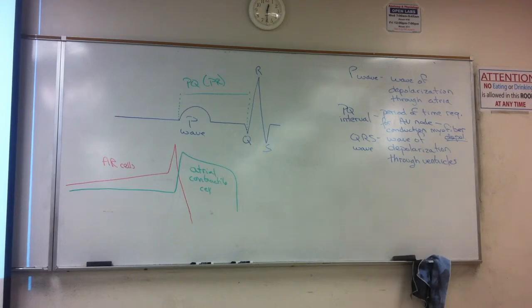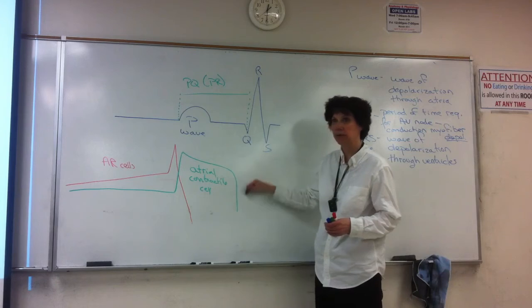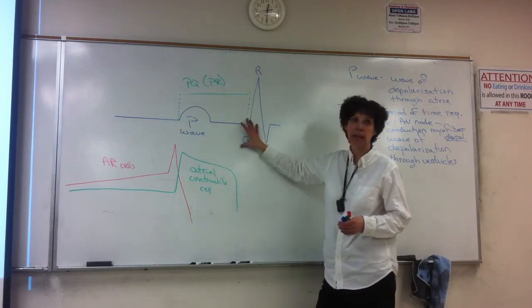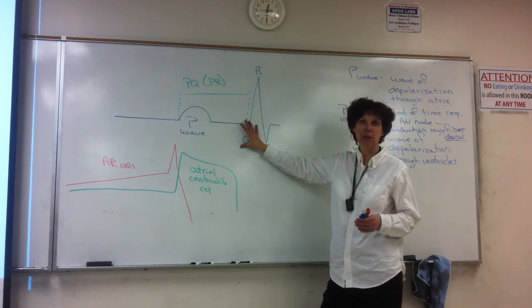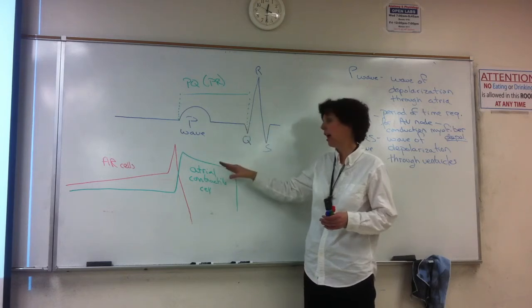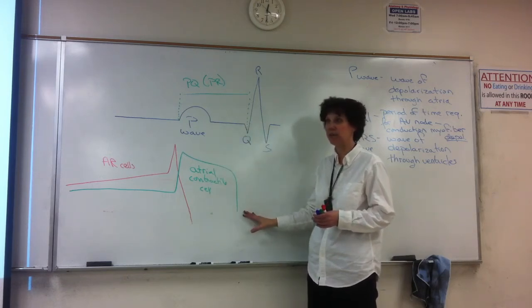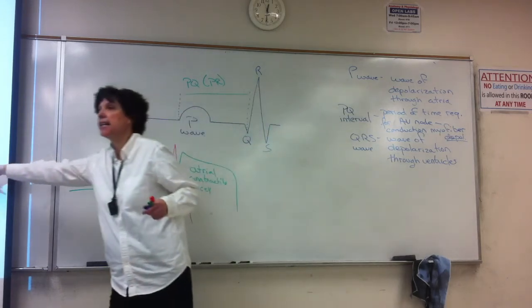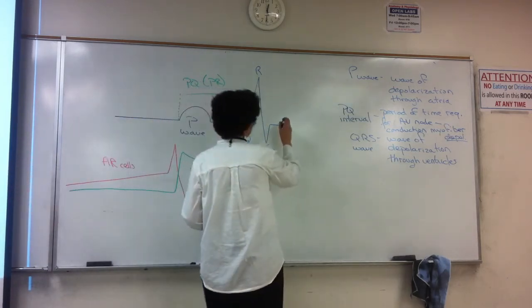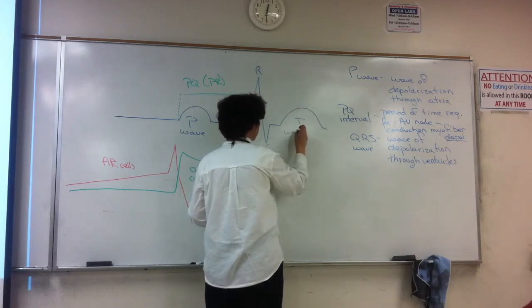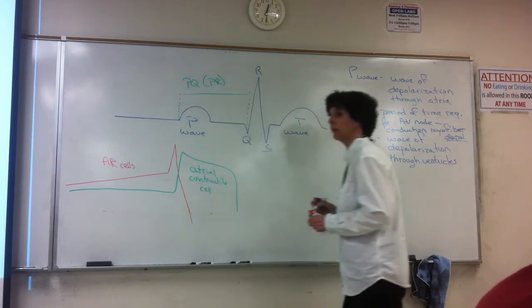All right, so we have P wave, the PQ interval. Now at some time, obviously, our atrial cells are repolarizing. That is masked by the QRS wave. So in our ECG, we never actually see any deflection caused by the repolarization of the atrial cells. However, we do see the repolarization of the ventricular cells. That's the T wave.